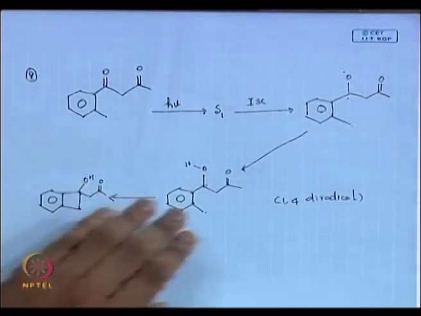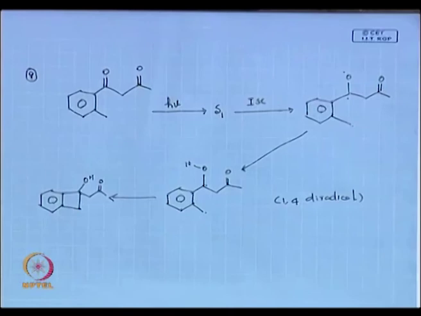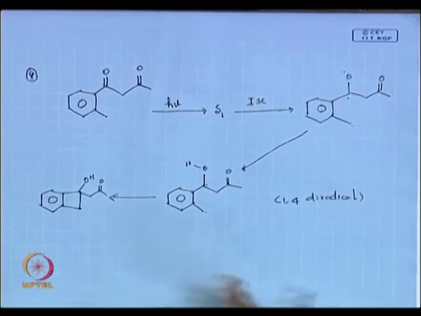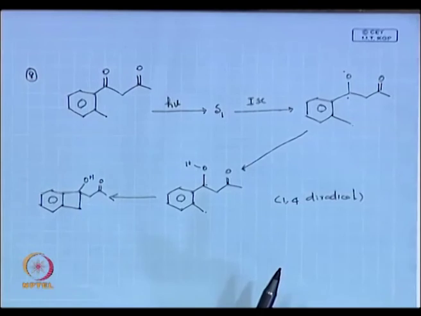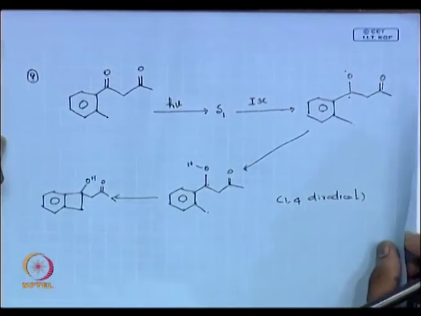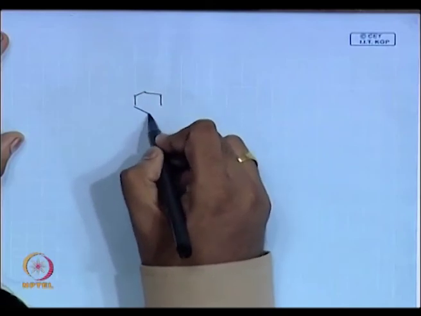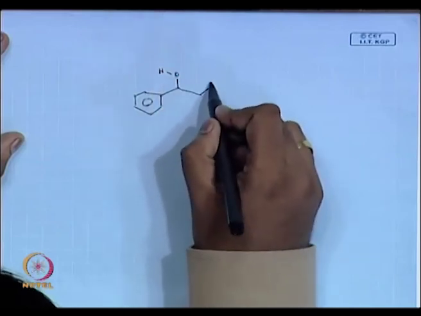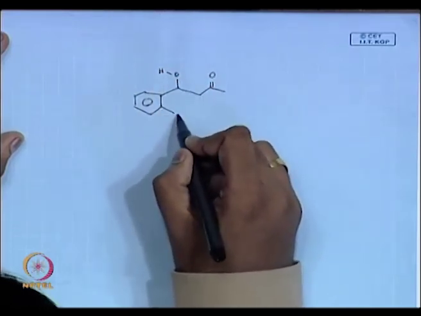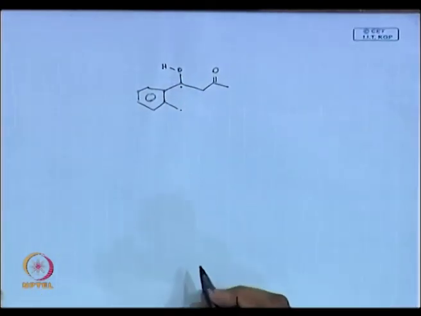See, if it is a 1,4 diradical, yes, the molecule has to do cyclization, but it does another thing. It says that I am not going to go this side because I have a much easier way to do it. What can it do? Any guess? I always say that when I am adding something new to the system, just use it.